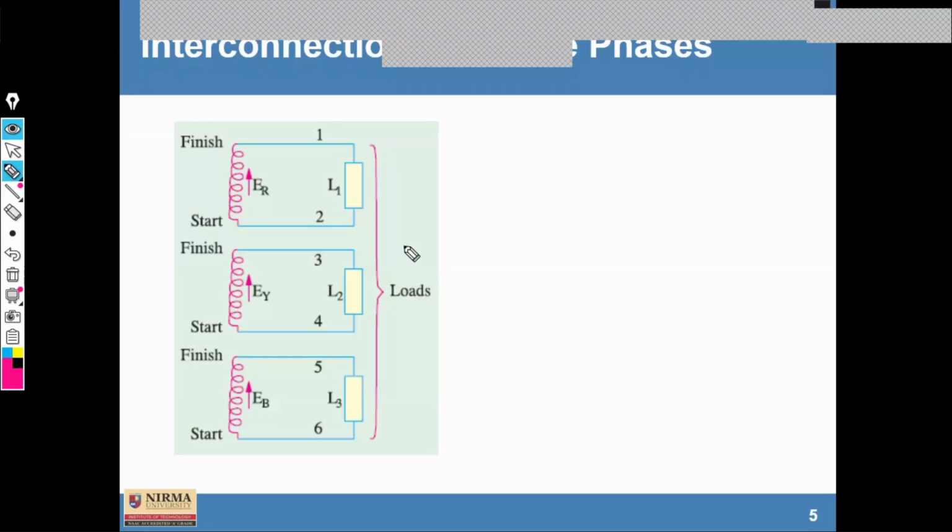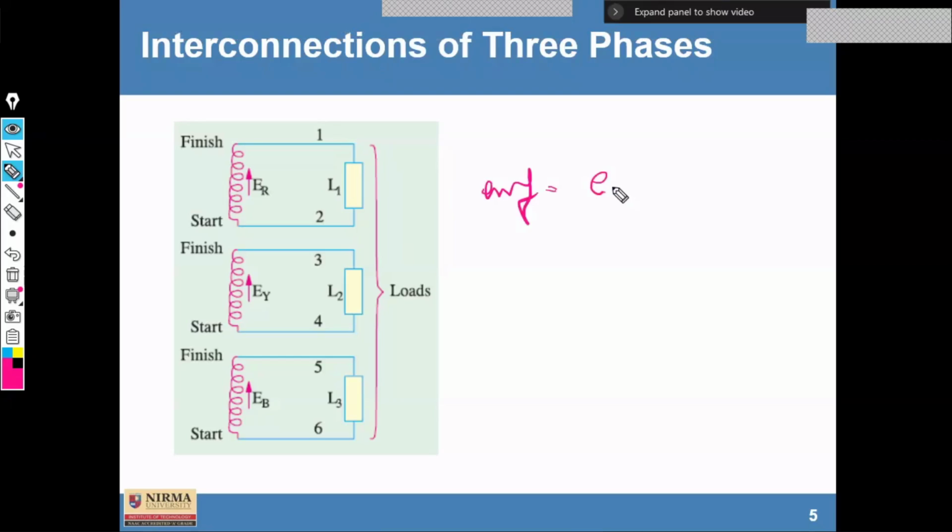Okay. So the EMF which we found for the phases is VR plus VY plus VB. And if we write these equations and add these three, we'll get the answer 0 here.